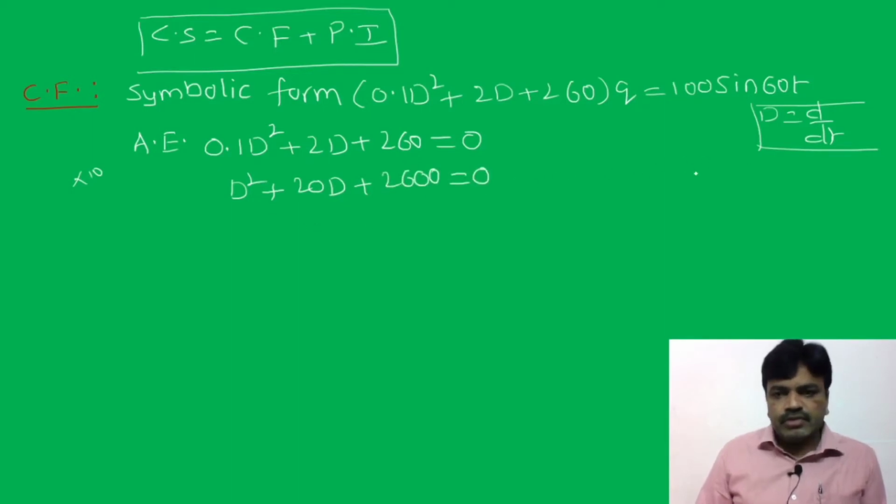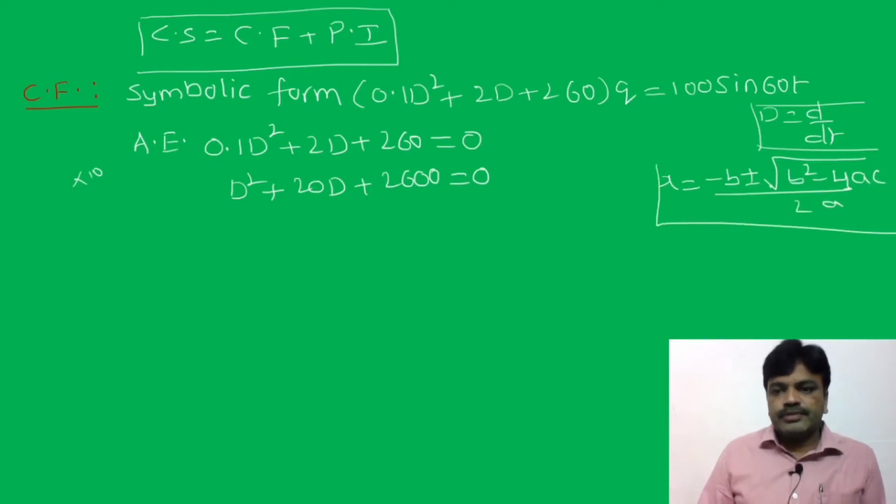Clearly we have one formula for finding roots: x is equal to minus b plus or minus square root of b² minus 4ac, by 2a. Here a value is 1, b value is 20, c value is 2600.